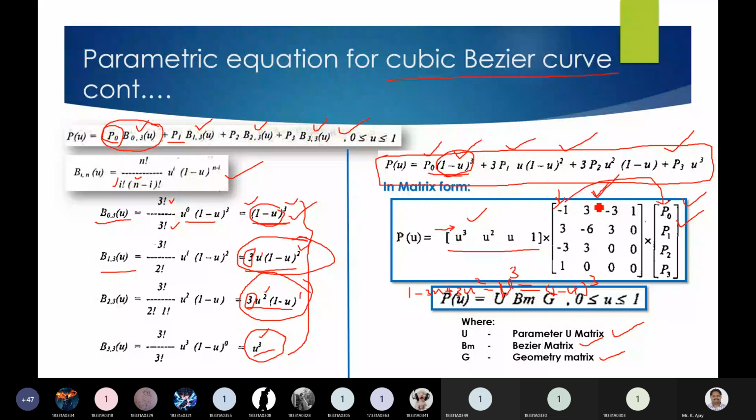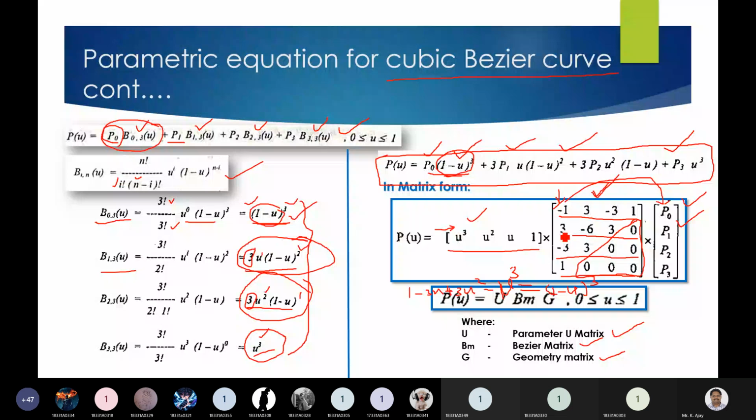So here also it is a square matrix: minus 1 3 minus 3 1, 3 minus 6 3 0, minus 3 3 0 0, and 1 0 0 0, and all the remaining values are simply zeros. The signs keep changing: minus plus minus plus, right? So you can remember these values in your own way, right?